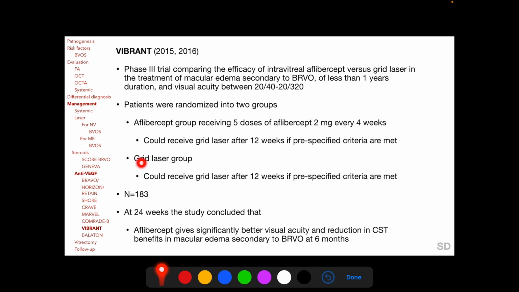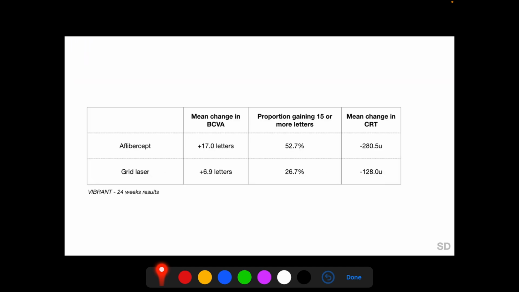And each of these two groups could receive grid laser after 12 weeks since baseline if pre-specified criteria were met. At 24 weeks, the study concluded that aflibercept gives significantly better visual acuity gains and reduction in CST in macular edema secondary to BRVO. This table shows the data at 24 weeks in the VIBRANT trial.